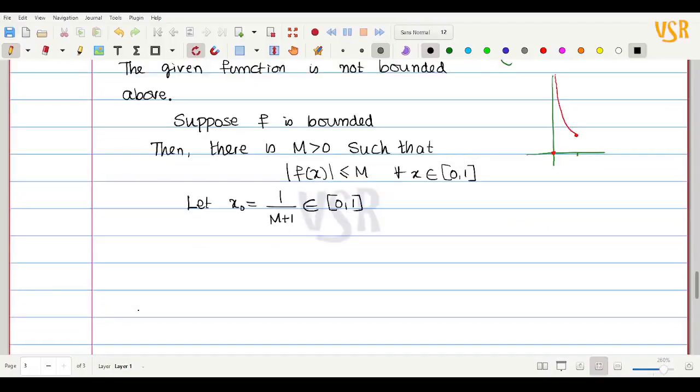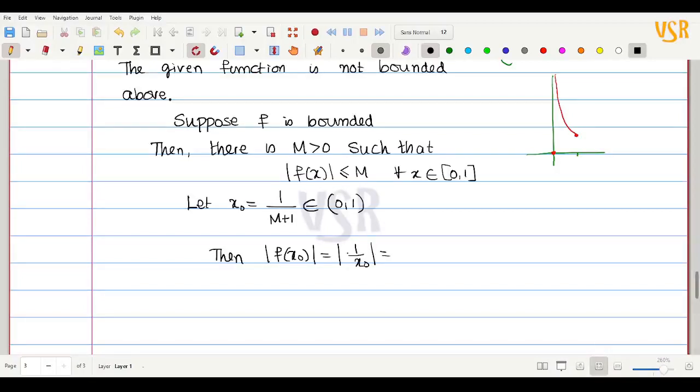Of course 0 will not be included, and 1 will not be included either. Then the modulus of f of x naught, since x naught is not equal to 0, is 1 by x naught.